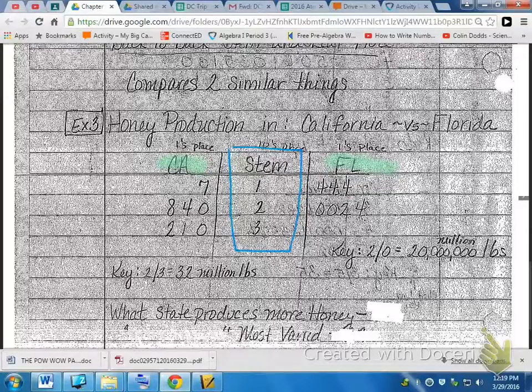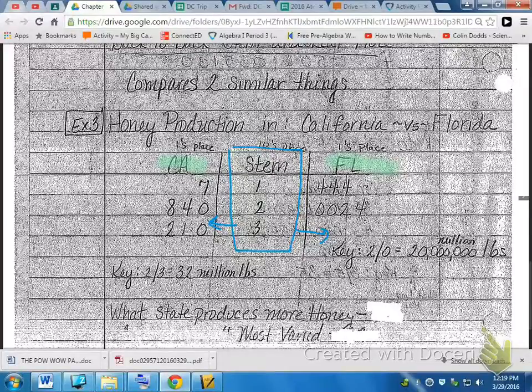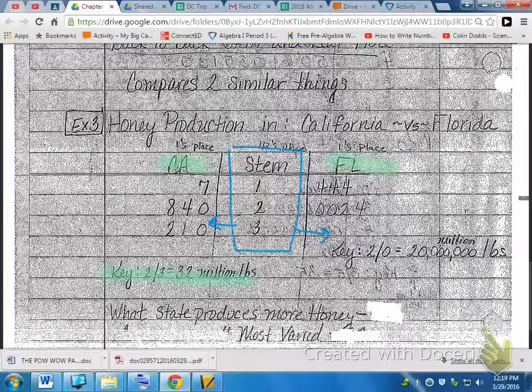The thing you've got to understand is that on the right-hand side, the leaves go from least to greatest. But on the other side, look what happens. 210. What's that mean? They went, what, James? Greatest to least. They go in reverse. But check out this key down here. It says 2|3 really means 32 million pounds.